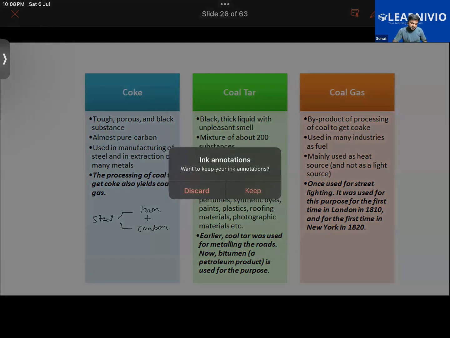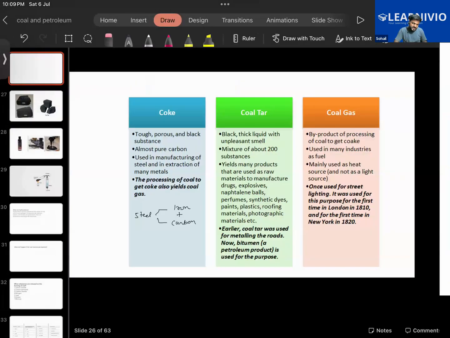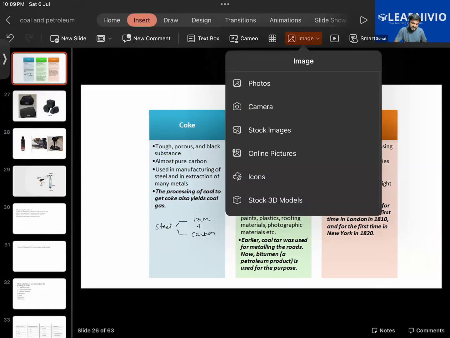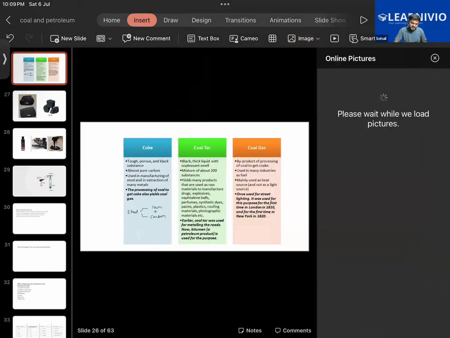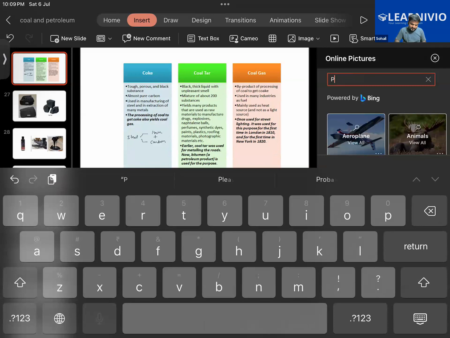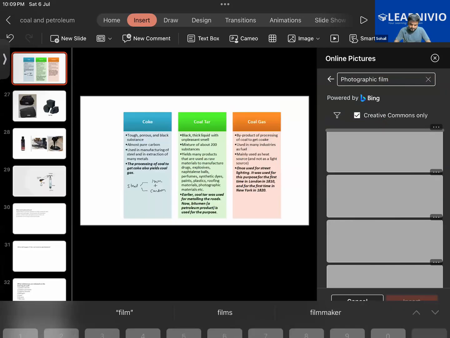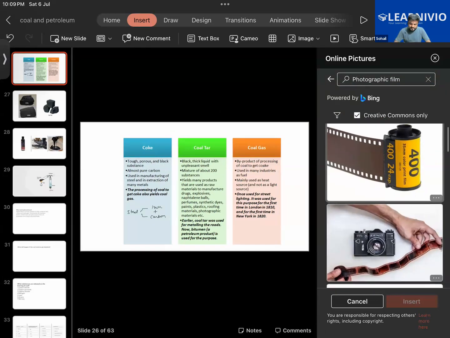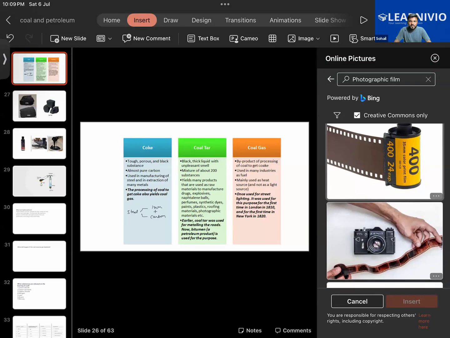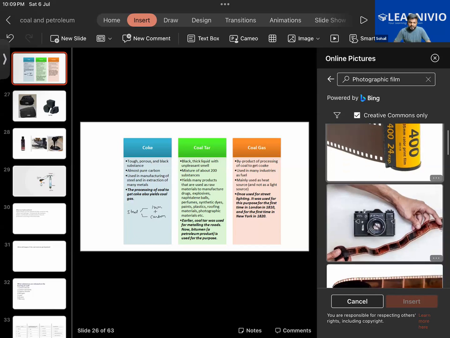As kids, you might have seen this, it was more in use earlier. This photographic film. Anyone saw this? Yes, sir. So in the manufacture of this photographic film, coal tar was also used.